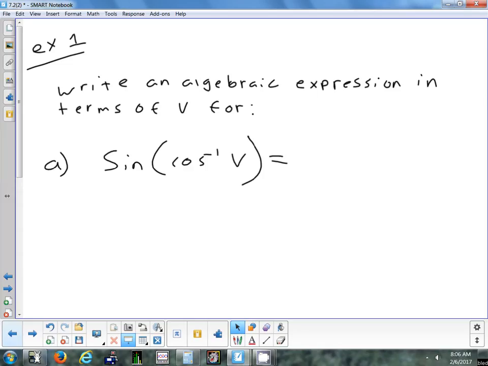Somehow we're going to turn this all into algebra. Before I go through the steps, does anybody have an idea of how you would do that? Take something that has trig in it and get rid of all the trig? No? All right, so let's take a look at it.